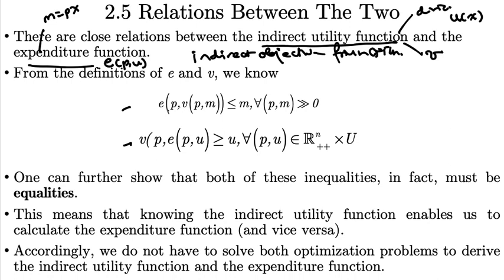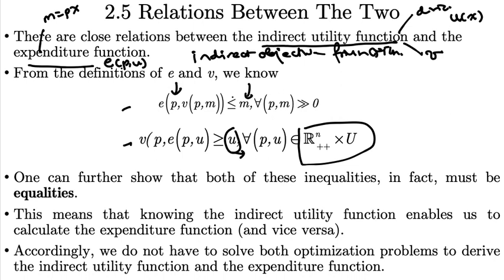First, the expenditure function is less than or equal to the amount of income, for all positive prices and income. Secondly, the indirect utility function is at least as great as the desired, or targeted, level of utility U, for all positive prices and utility.